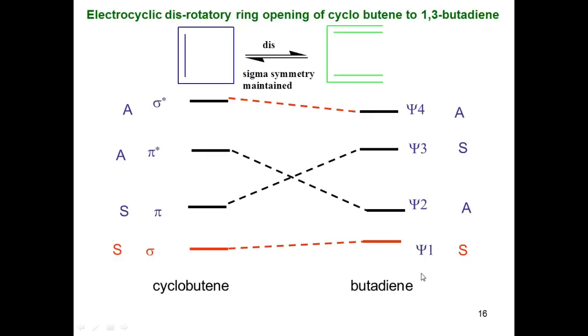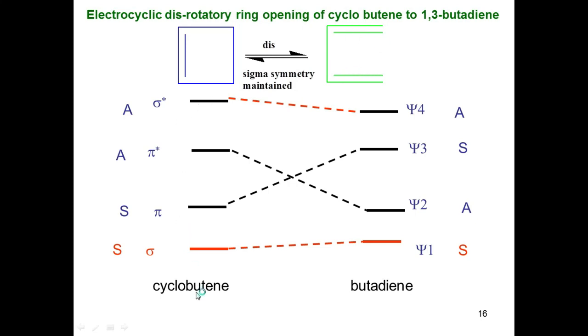Then electrocyclic disrotatory ring opening of cyclobutene to 1,3-butadiene. Here you see the formation of butene and rotatory and sigma symmetry maintenance, the formation and breaking of these bonds, right?